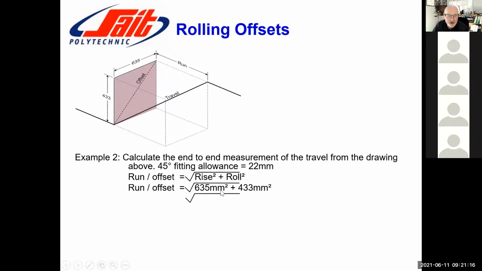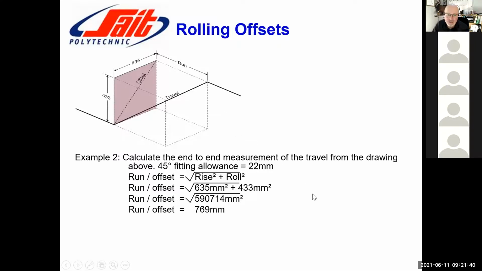There's 635 mils squared, 433 mils squared, and once you add these together, it equals 590714. Square root that, and that is equal to the offset. It is also equal to the run because they're 45s.